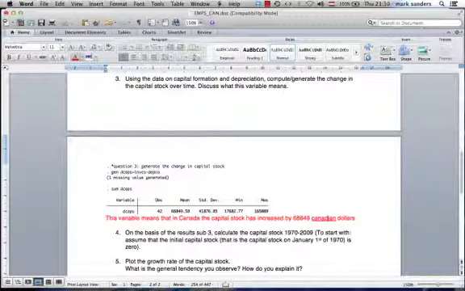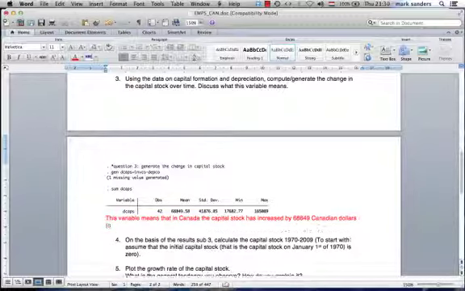This is Canadian constant dollars because everything was in constant dollars. So it's of 2007, I think. I would have to check.